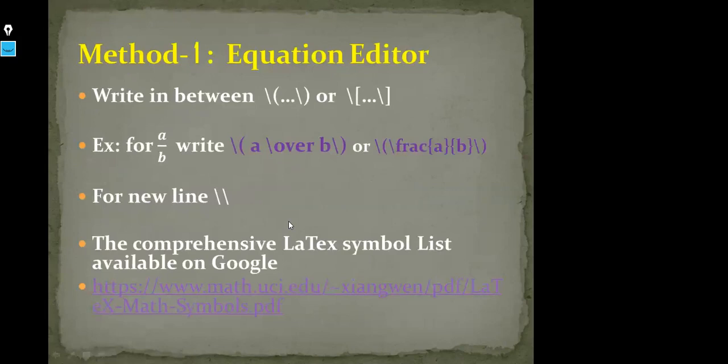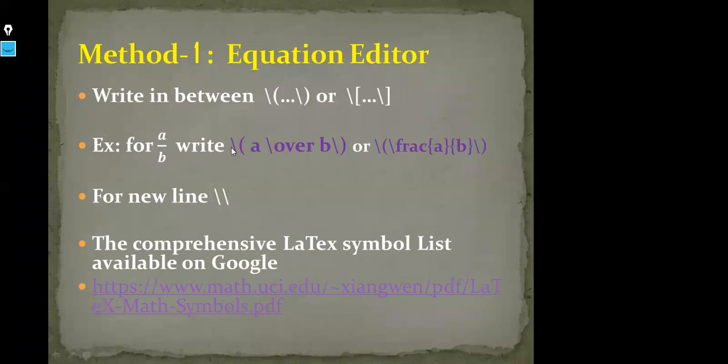Now, if we want to insert an equation directly in any activity of Moodle without opening the editor window, we have to write that equation in backslash open bracket or backslash square bracket. So the first one is this open bracket, and next is the backslash square bracket. Here is one example, to write a upon b. To write the fraction a upon b, we can use two commands.